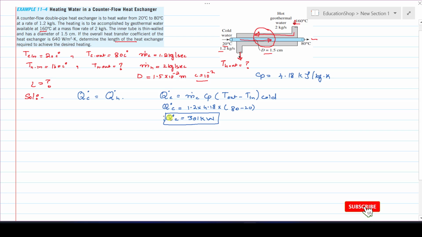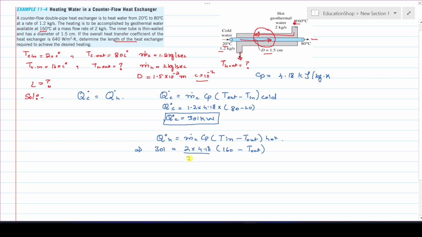Remember, this Q dot C is actually equal to Q dot H, which is the rate of heat released by the hot fluid, equal to M dot H Cp times the change in temperature of the hot fluid, that is T in minus T out of the hot fluid. Entering the values, it is 301. The mass flow rate of the hot fluid is 2 kg per second, Cp value is 4.18, the inlet temperature of the hot fluid is 160 centigrade, and the T out temperature we need to calculate.